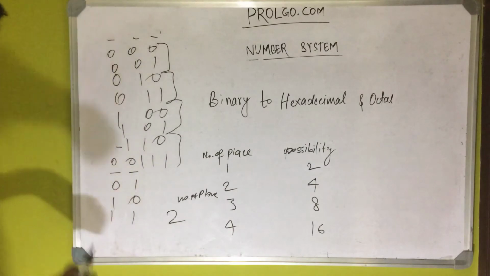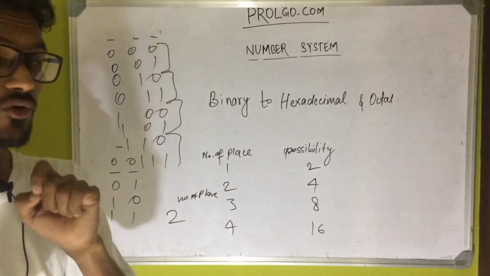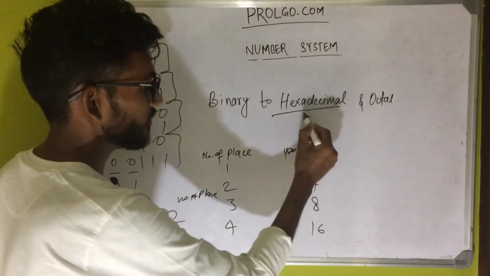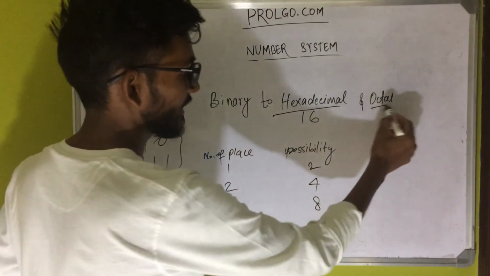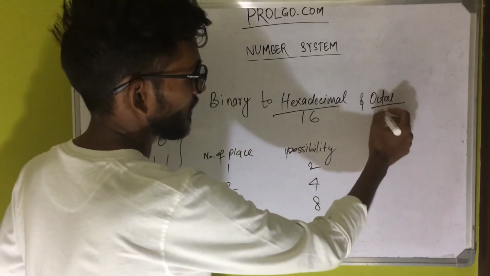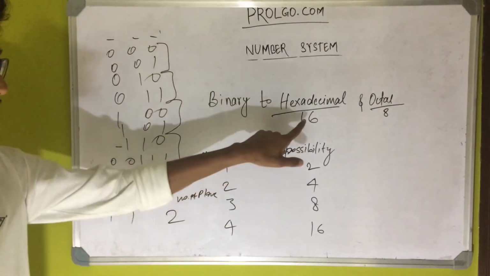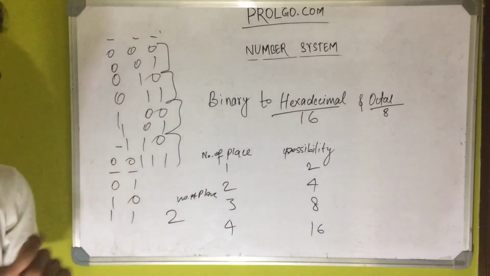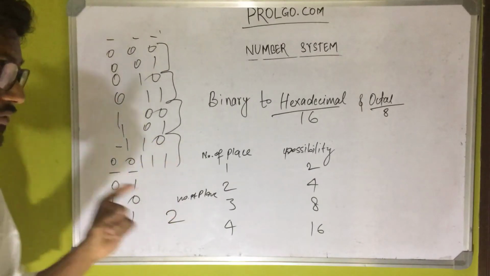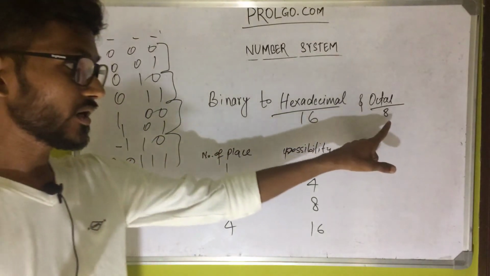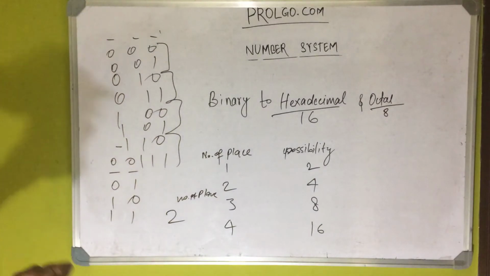So why am I saying this? Because, as you know, hexadecimal has a total of 16 digits, and octal has a total of 8 digits. So it's clear now that to represent hexadecimal you will require 4 bits, and in octal you will require only 3 bits.